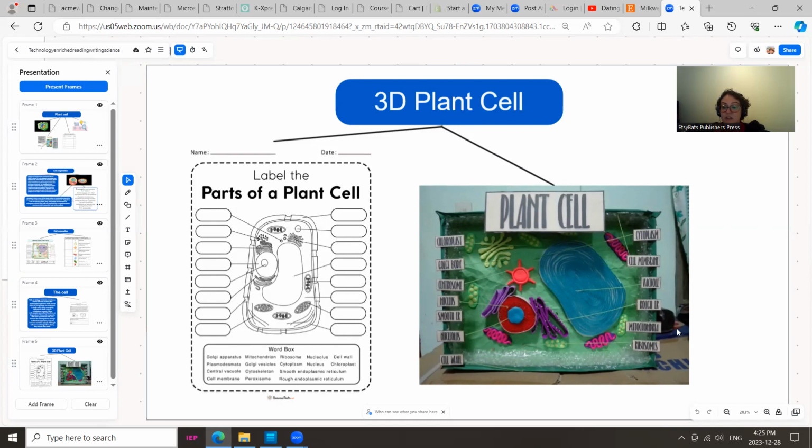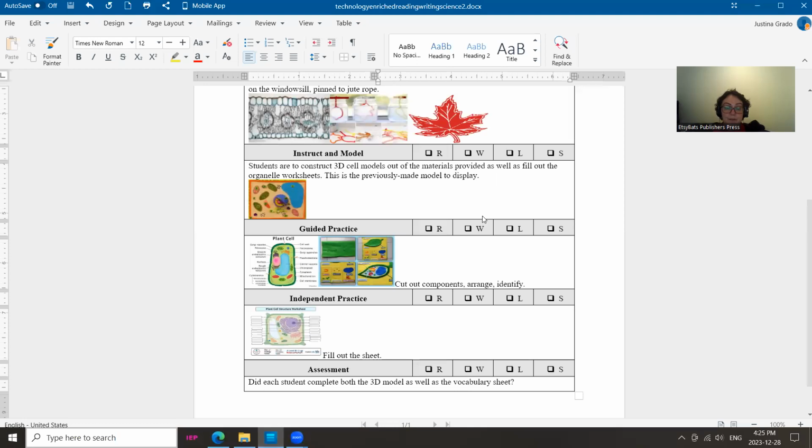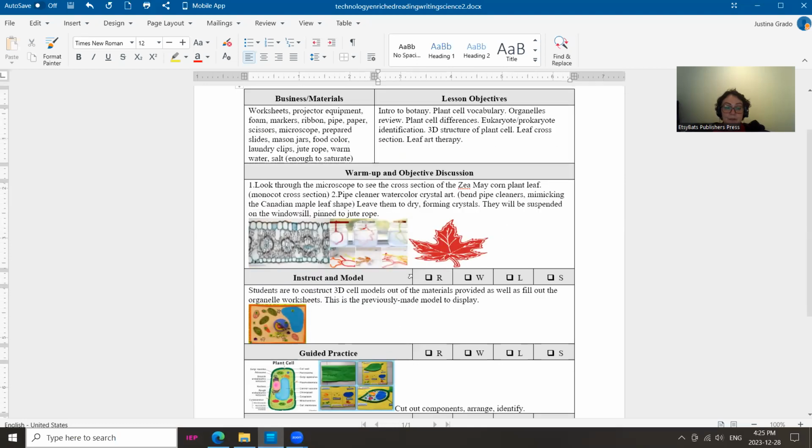And this is the 3D model to be built during the class period, as well as the necessary academic piece of plant cells during this biology course.